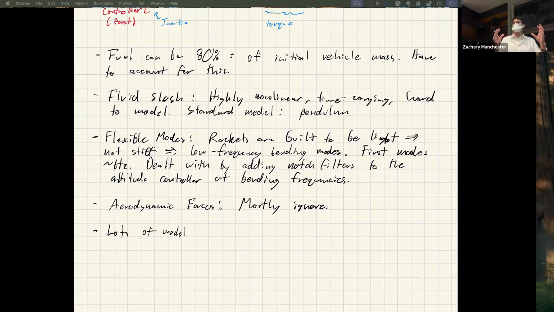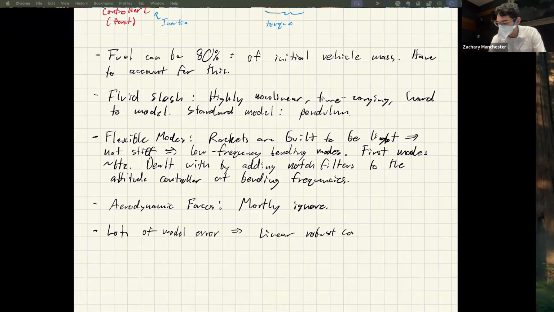Design controllers that are super robust across a broad range of possible modeling error to make sure that the rocket doesn't blow up on you. And that's all showing up in the attitude controller, in that low-level controller.